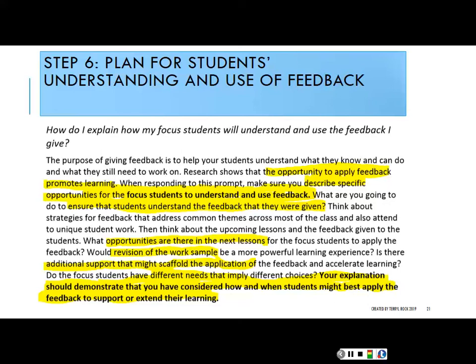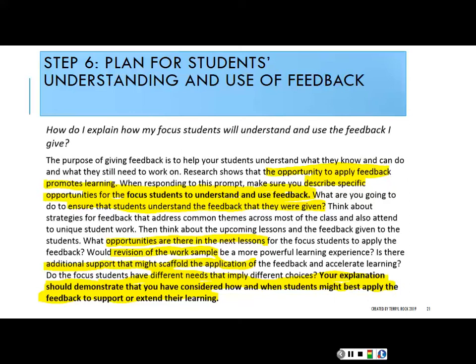That way I ensure that my students are reading, understanding, and using the feedback. Feedback is very strongly correlated with strong learning: the use of feedback, the understanding of feedback, and the opportunity to use it.